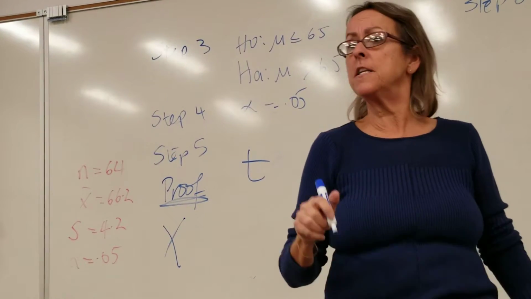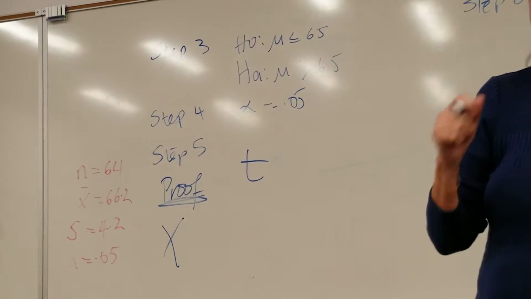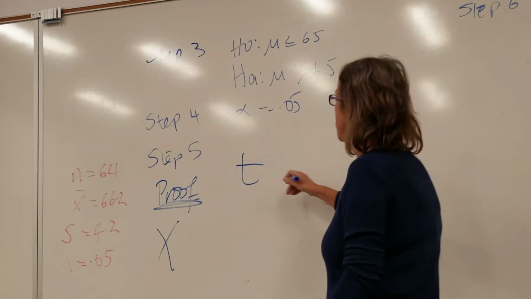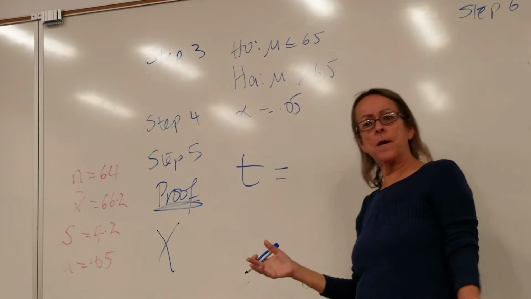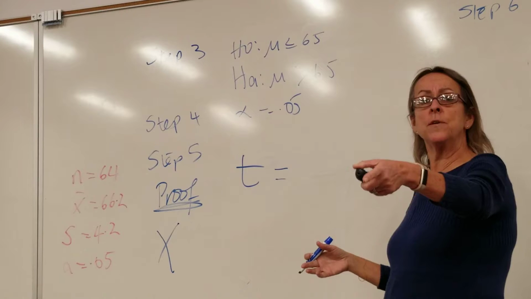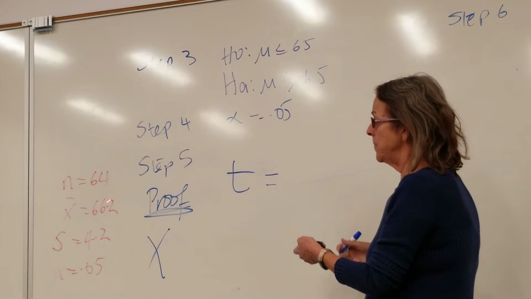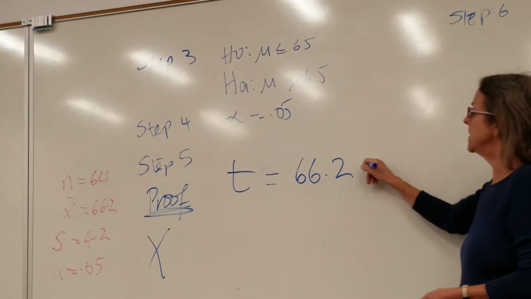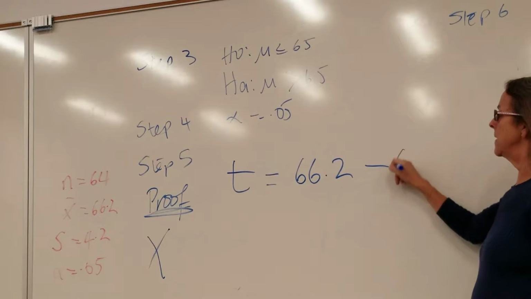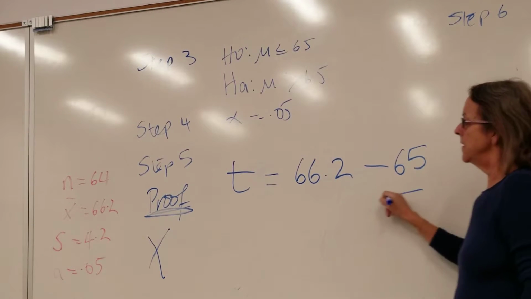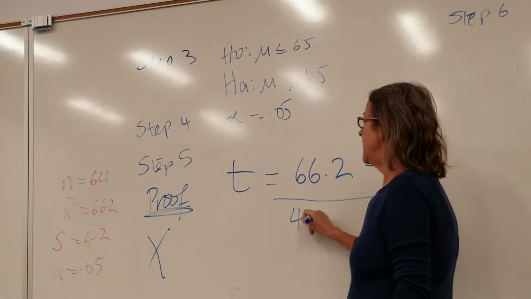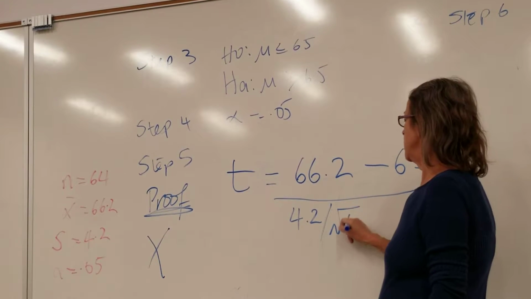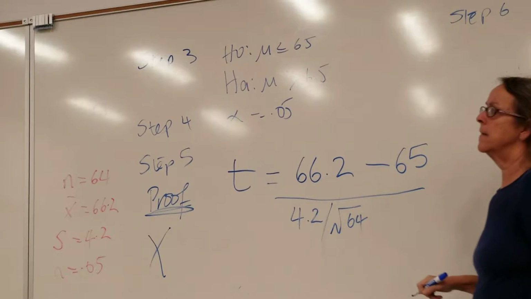T-score is a punishment or a reward? Punishment. Okay, t is a punishment. Calculated the exact same way as the z-score. What did you get when you did your sample? You got 66.2. What is the hypothesized mean? 65, divided by the standard deviation over the square root of n.